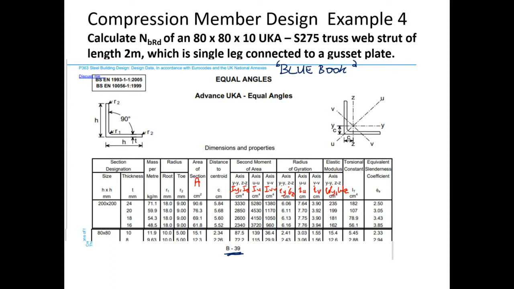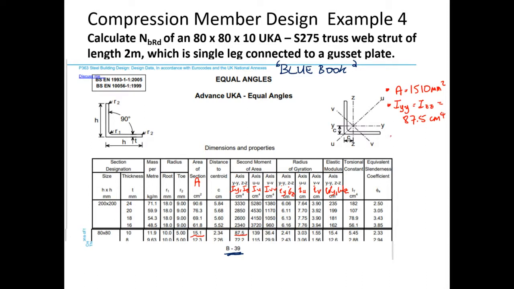Okay, so the ones that we need to definitely take note of here that we will be using: we're going to use the cross-section area A, which is 1510 millimeters squared. Okay, I'm definitely going to use that. I'll probably use the second moment of area, so Iyy equals Izz equals 87.5 centimeters to the power of 4.